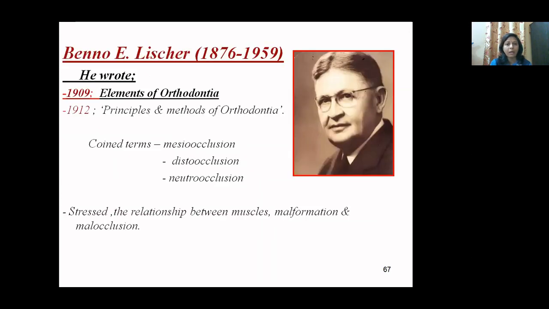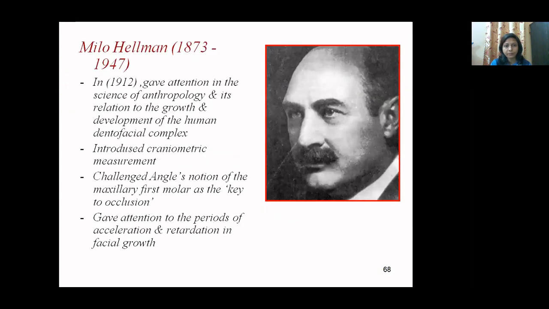Lischer, who gave the classification of malocclusion, coined the terms mesioocclusion, distoocclusion, and neutroocclusion, and stressed the relationship between muscle malformation and malocclusion. Milo Hellman gave attention to the science of anthropology and its relation to the growth and development of the human dentofacial complex.